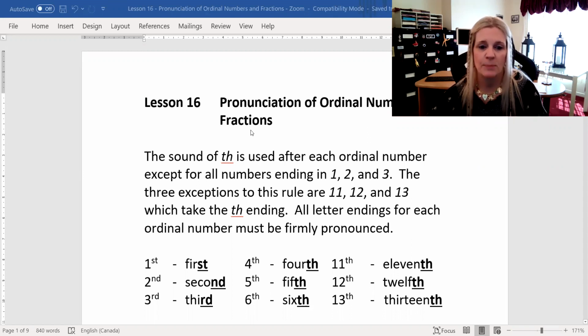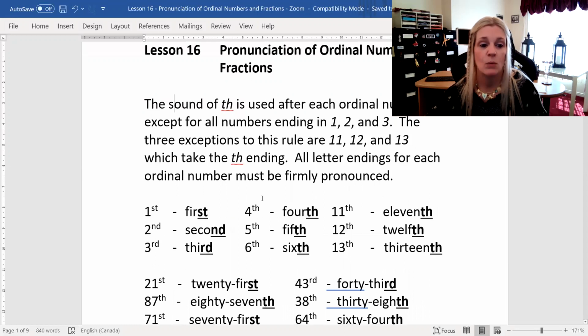The three exceptions to this rule are 11, 12, and 13. You see how 11 ends with a 1, 12 ends with a 2, and 13 ends with a 3. But those are exceptions and they take the TH ending. All letter endings for each ordinal number must be firmly pronounced.